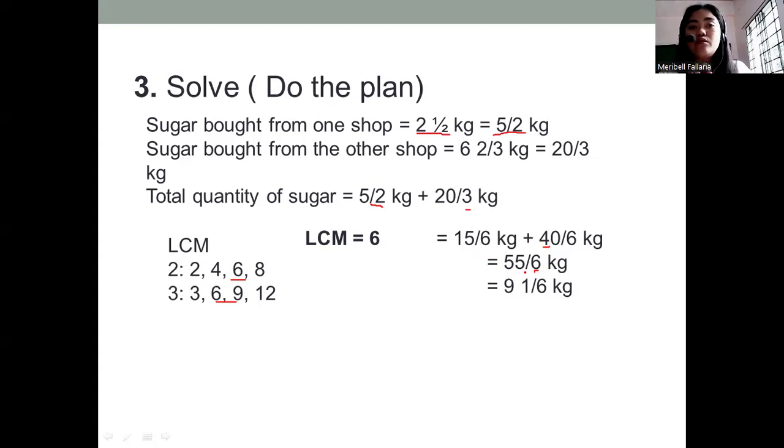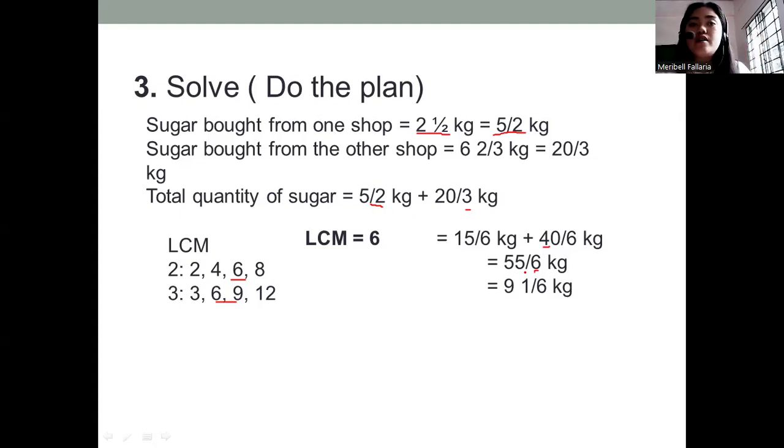Now, to get that, we're going to divide 55 by 6. 55 divided by 6 is 9, right? You can divide 55 by 6 to get 9. And then 9 times 6 is 54. 55 minus 54 is 1.